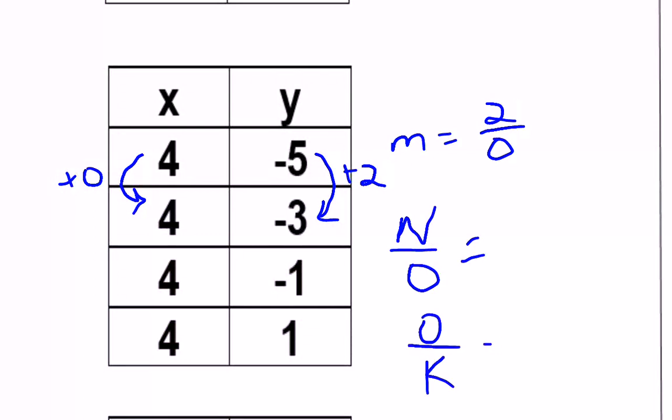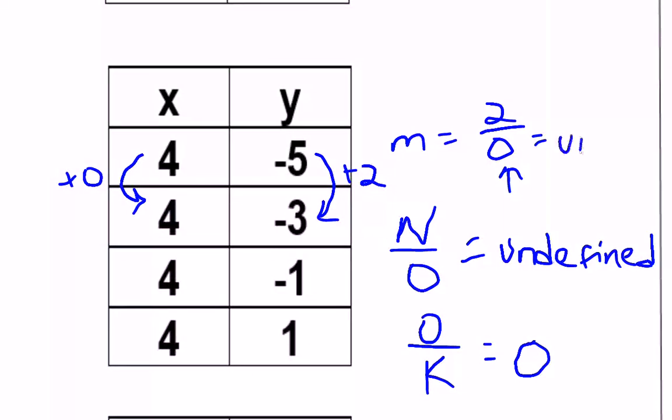I can't do a number divided by 0. So we call that undefined. I'm using a new stylus, so this is hard to write. Undefined. 0 over a number is okay, and that just reduces to 0. So since my 0 in this problem is on the bottom, we would say that this is undefined.